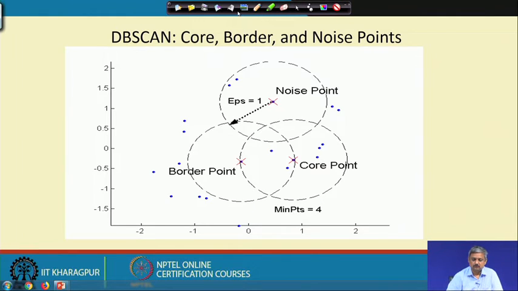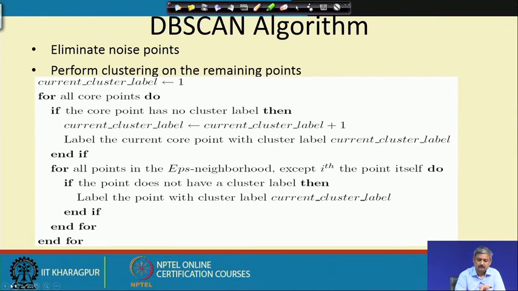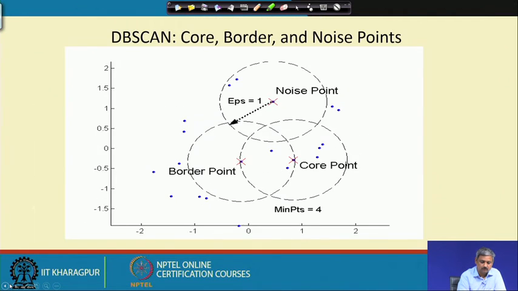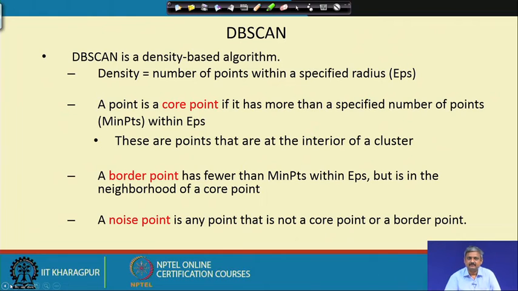Let me put the definition once first. This is the definition: core, border, noise.